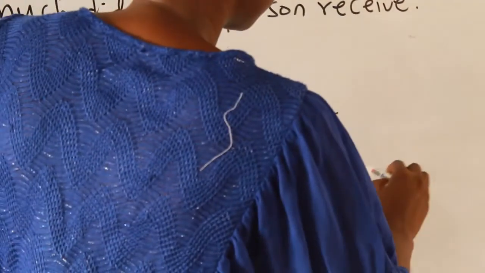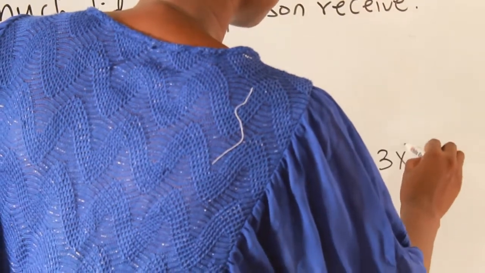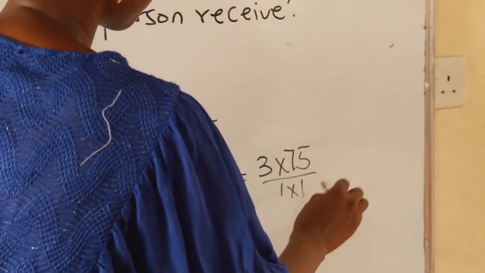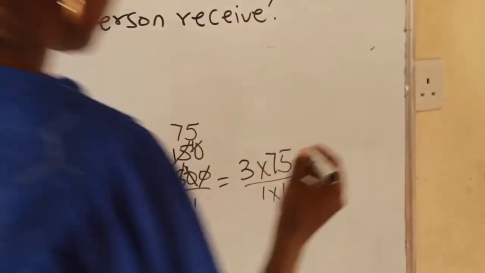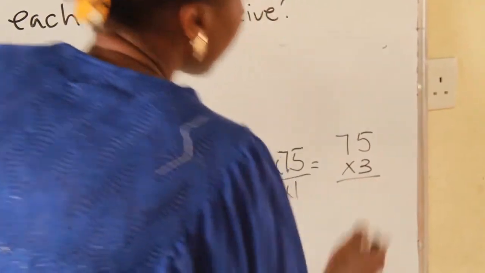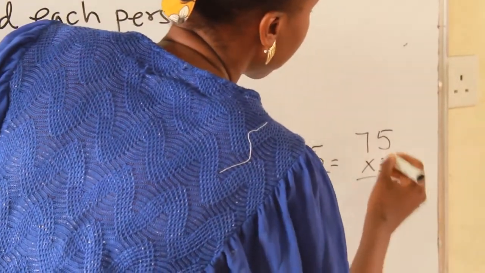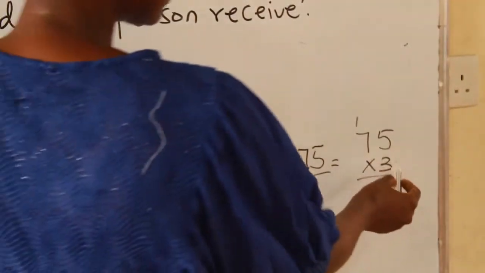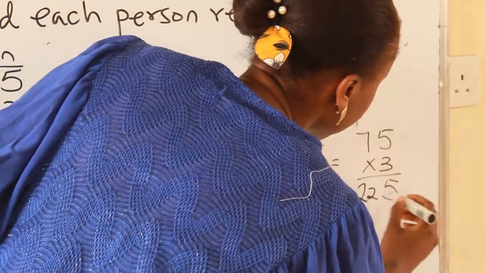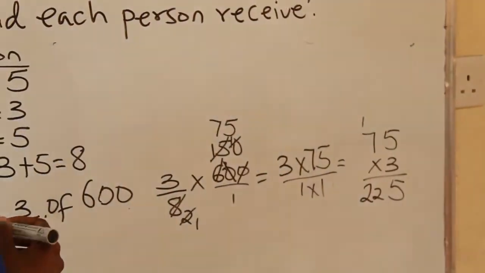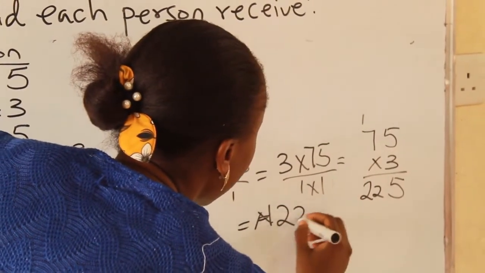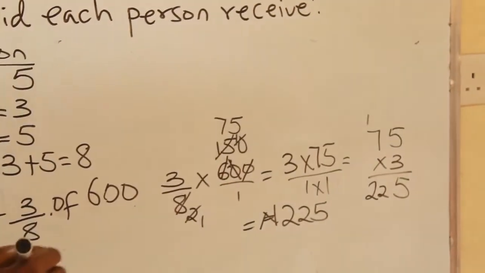So I have 3 times 75 over 1 times 1. 3 times 75: 3 times 5 is 15, and 3 times 7 plus 1 is 22. So Alex's share of 600 naira will be 225 naira.